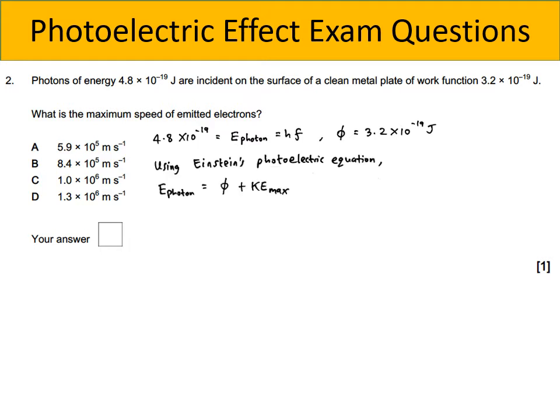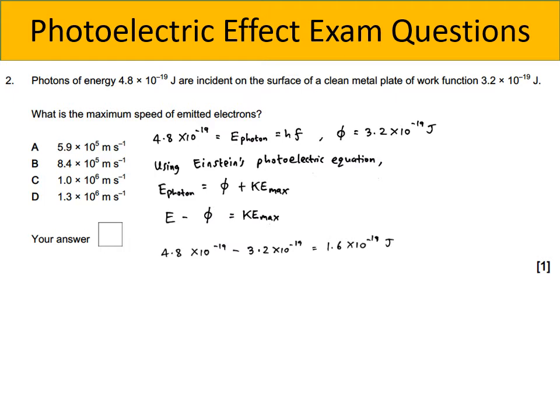So we use Einstein's photoelectric equation. The energy of a photon is equal to the work function plus the maximum kinetic energy. If we rearrange that, the energy of a photon minus the work function is equal to the kinetic energy max. Then if we substitute in our numbers, 4.8 times 10 to the power minus 19, take away 3.2 times 10 to the power minus 19.